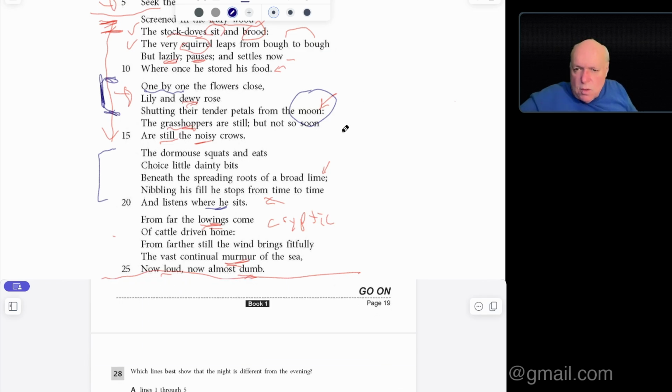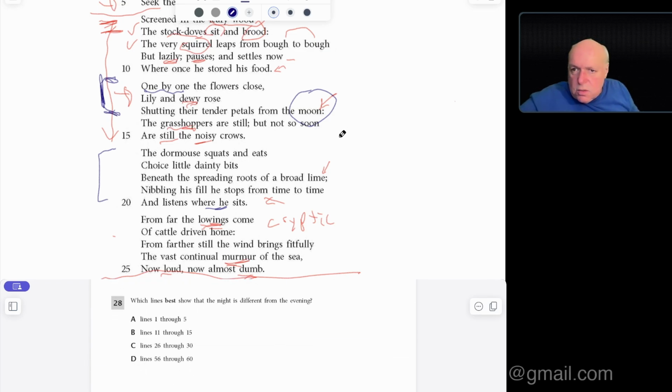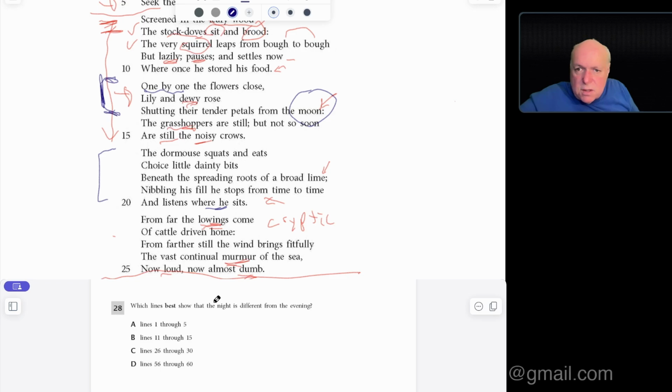And then 28. Let's try to get 28 there. Which line best shows that the night is different from the evening? Aha. We talked about there was a point where it was clear the sunset was already done, and another point where it seemed like the night was close to being done. So hopefully this one is clear.